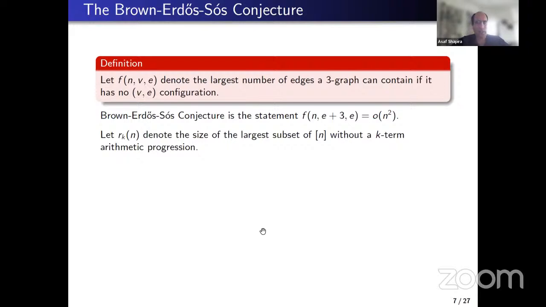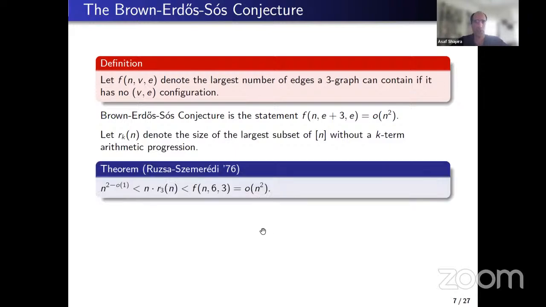And let's also denote by r_k(n) the size of the largest subset of the first n integers without a k-term arithmetic progression. The Ruzsa-Szemerédi theorem that I stated earlier is just that f(n; 6, 3) is little o of n squared. This is what I said before. But they also proved that f(n; 6, 3) is at least n times r_3(n).